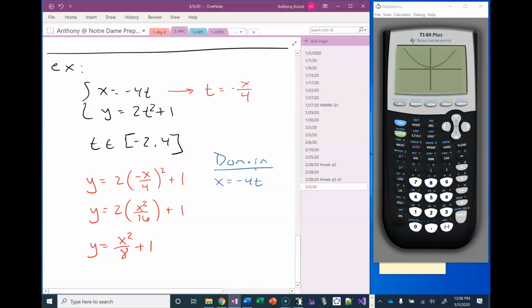Well, for the domain, we're going to use the x equation. And I'm going to start by plugging in my values from my interval.